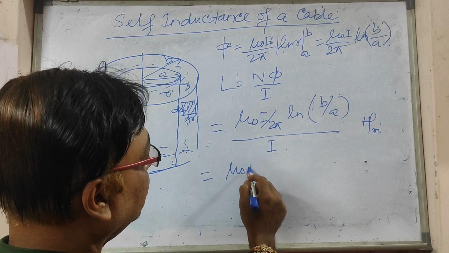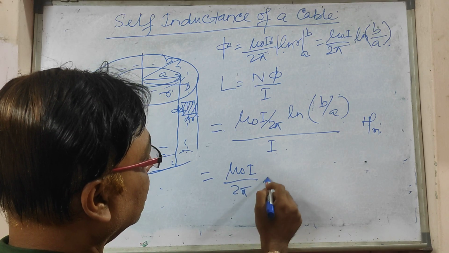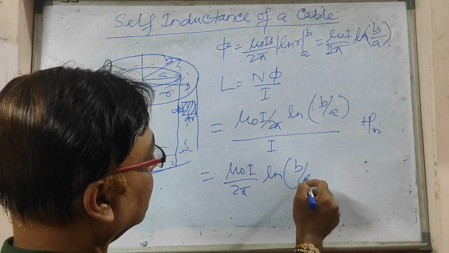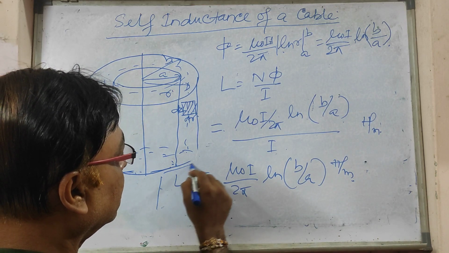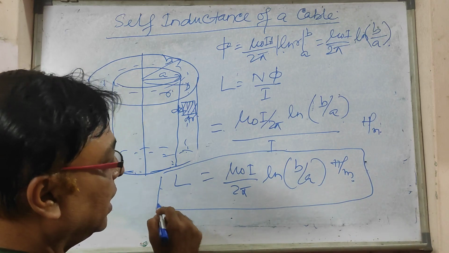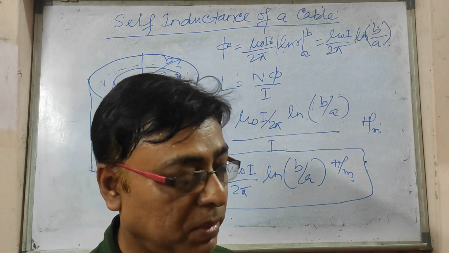So this will be mu 0 by 2 pi ln b by a Henry per meter. So this is the inductance calculation, and based on this we will be doing a problem.